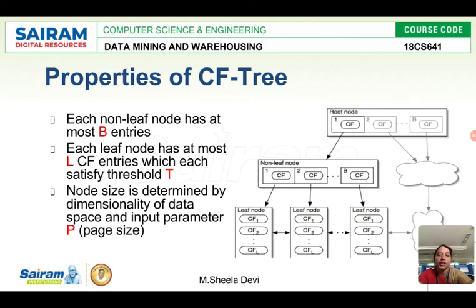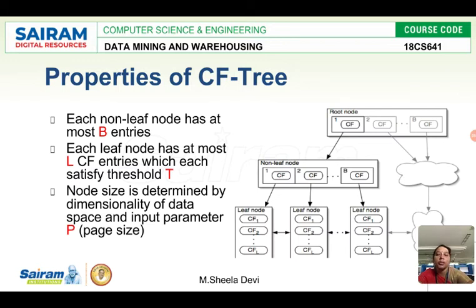The children at the lowest level are called leaf nodes. Every non-leaf node can have at most B entries, and every leaf node can have at most L entries. The condition given is that the L value should be less than the threshold T.